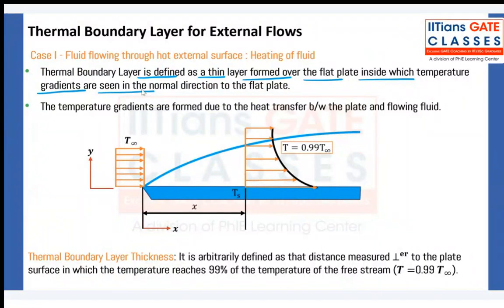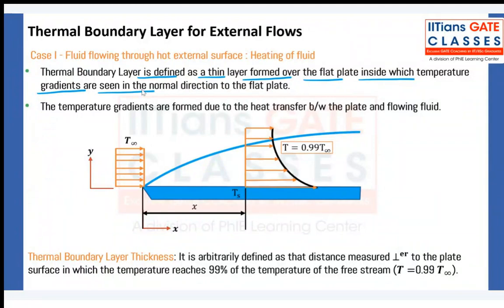Now why is the thermal boundary layer formed? Because of the temperature gradient. At the surface the temperature is T wall, and far away from the surface it is T infinity. So how is the fluid temperature changing from T wall to T infinity? That is what the temperature gradient is showing near the flat surface.